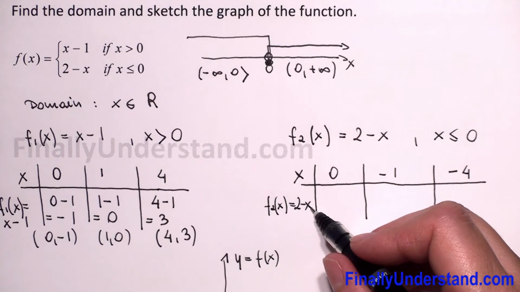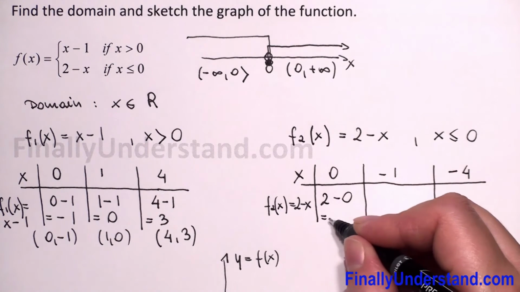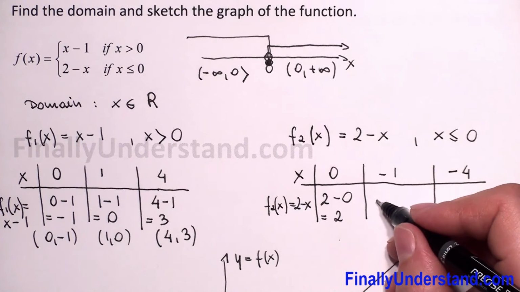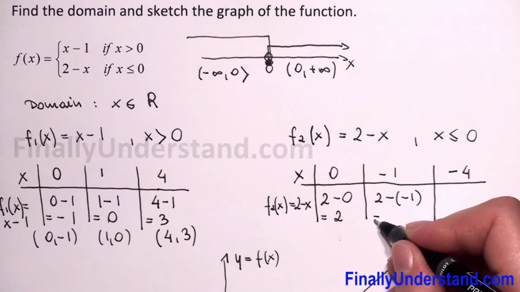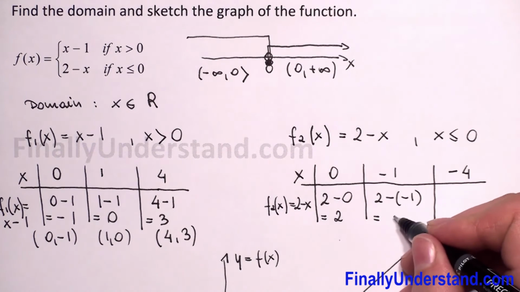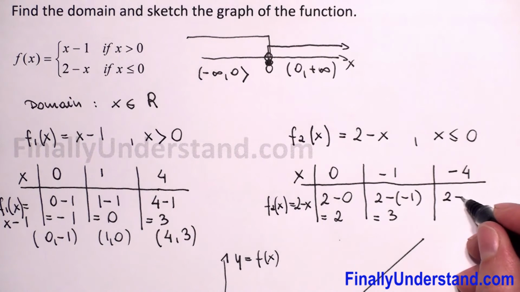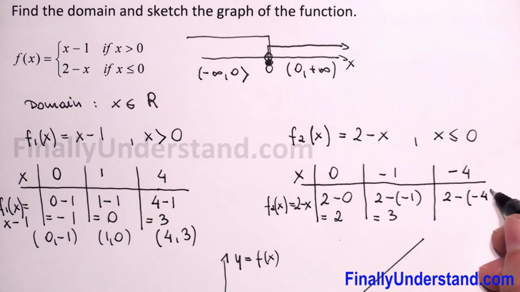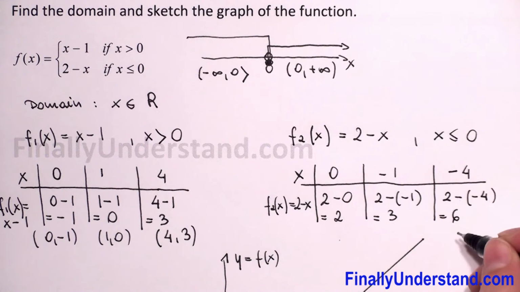Now I replace x by 0, so 2 minus 0 is equal to 2. Now 2 minus negative 1: negative and negative give positive, so 2 plus 1 is 3. And 2 minus negative 4, again negative and negative give positive, so it will be 2 plus 4, equal to 6.